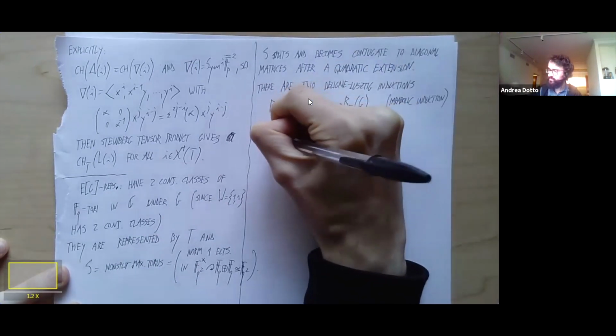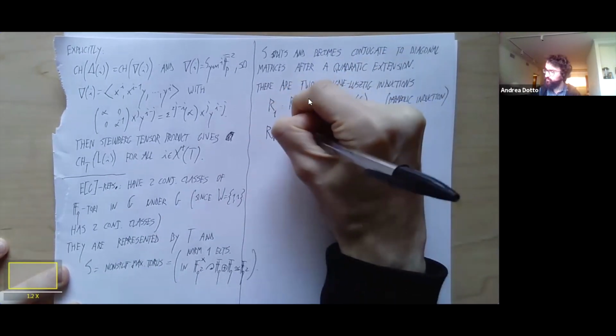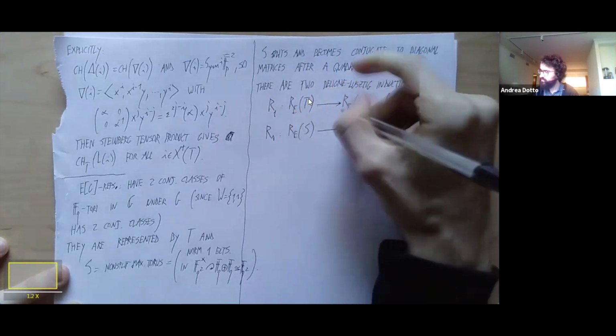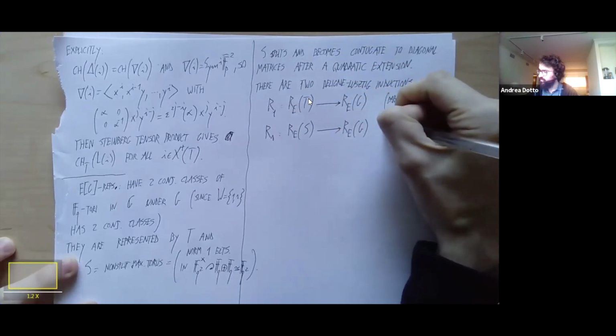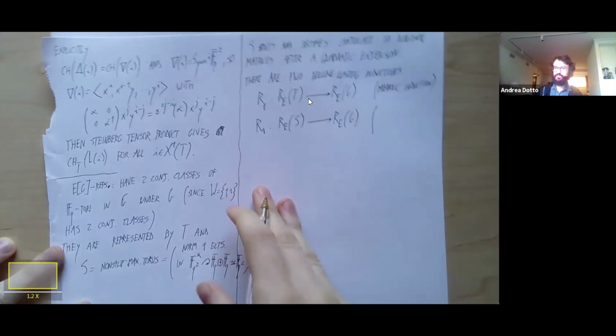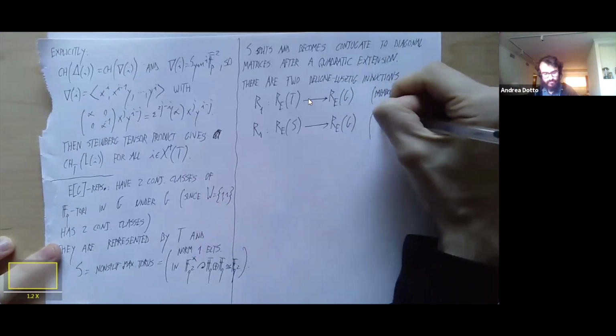The second one is R_s, and this goes from the characters of the other torus, again to R(G). And in this case, there is a normalization to pin down, and I'll just tell you what that is.